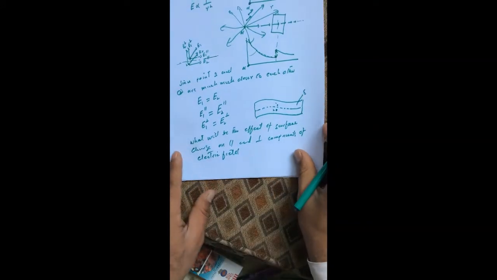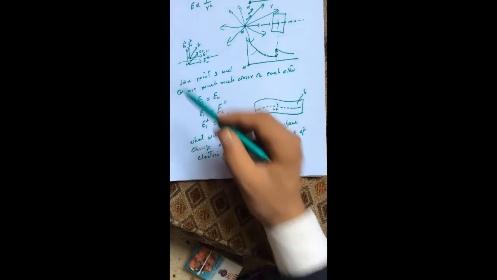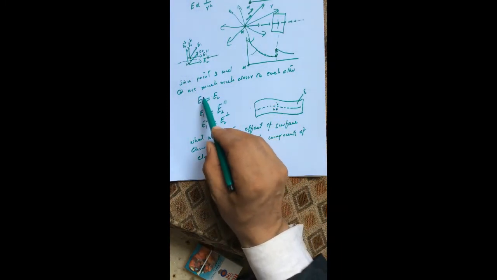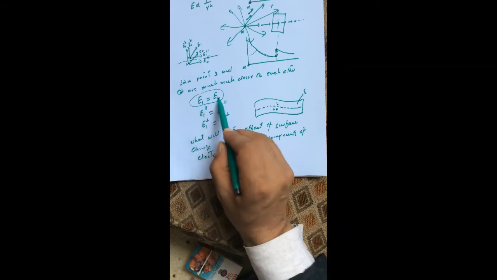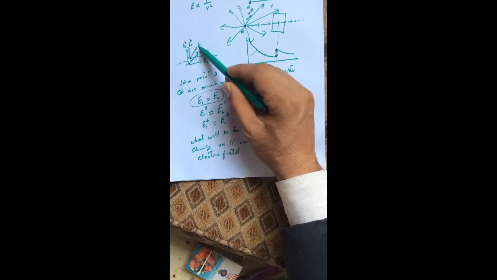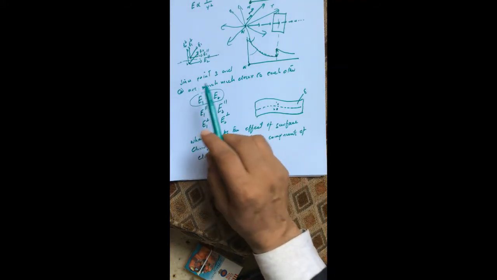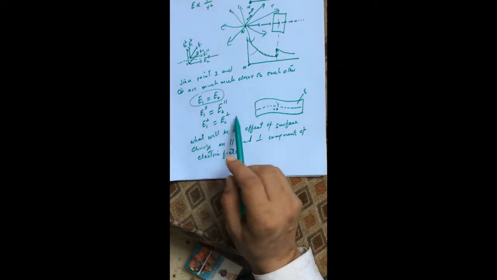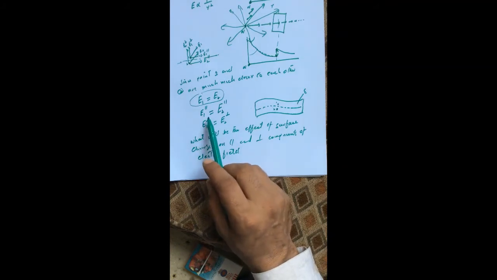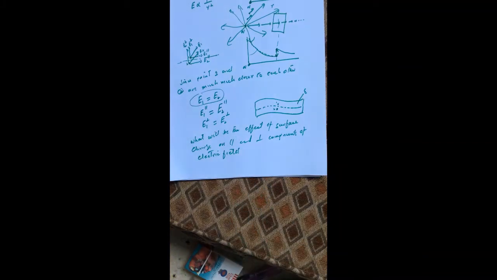When there was no surface between these 2 points, the electric field is continuous. E1 is equal to E2 because the electric field at point 1 is equal to that at point 2. The normal component of electric field at points 1 and 2 are the same, and similarly the parallel component of electric field at these 2 points are also the same.